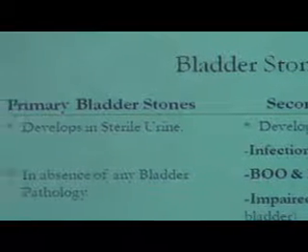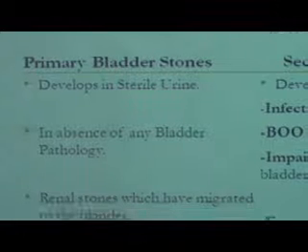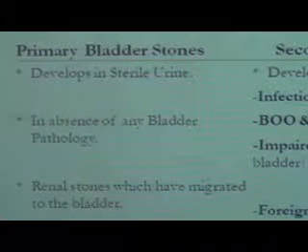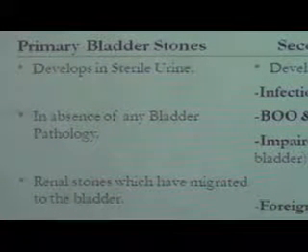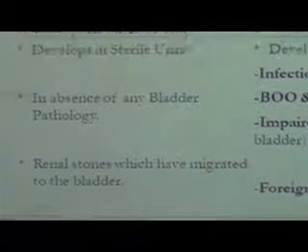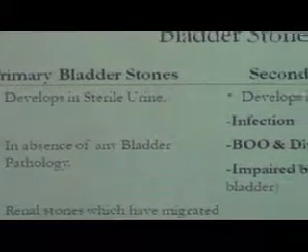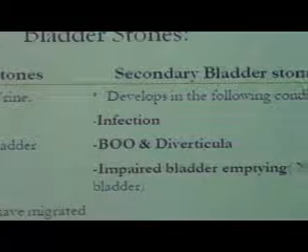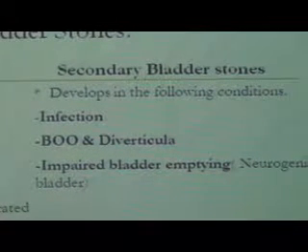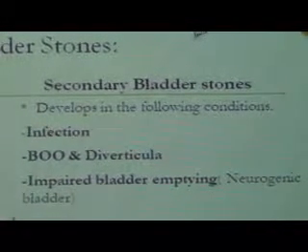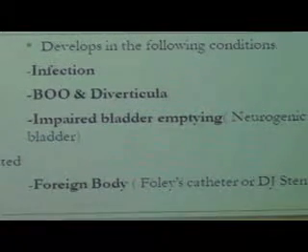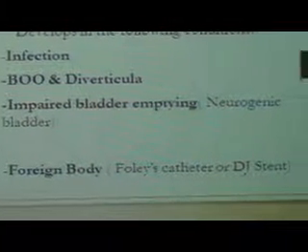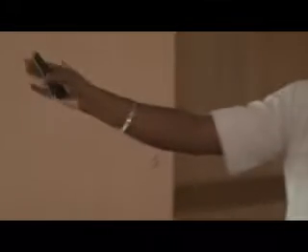On the other hand, secondary bladder stone develops in the presence of infection or any other abnormality of the urinary bladder that predisposes to infection, like bladder outflow obstruction, bladder diverticulum, impaired bladder emptying, especially in case of neurogenic bladder, and if something is left inside the urinary bladder like a Foley's catheter or DJ stent. Okay, so these are the predisposing factors for the secondary bladder stone.